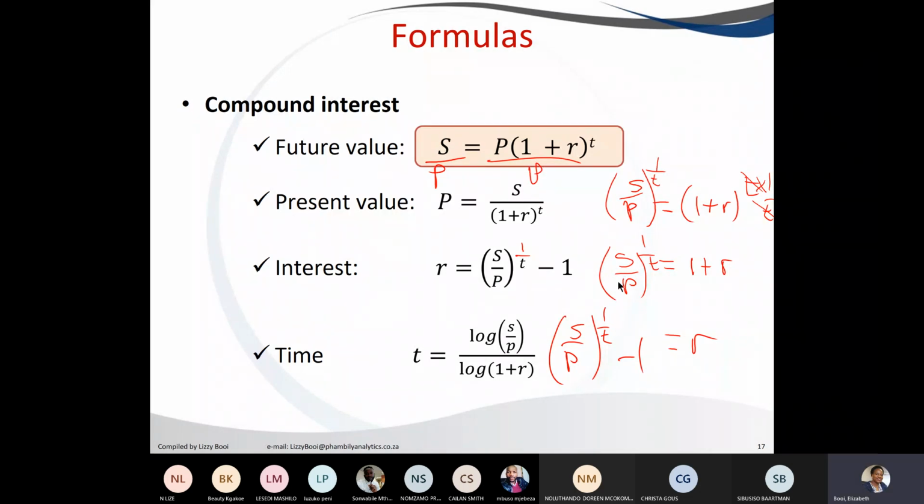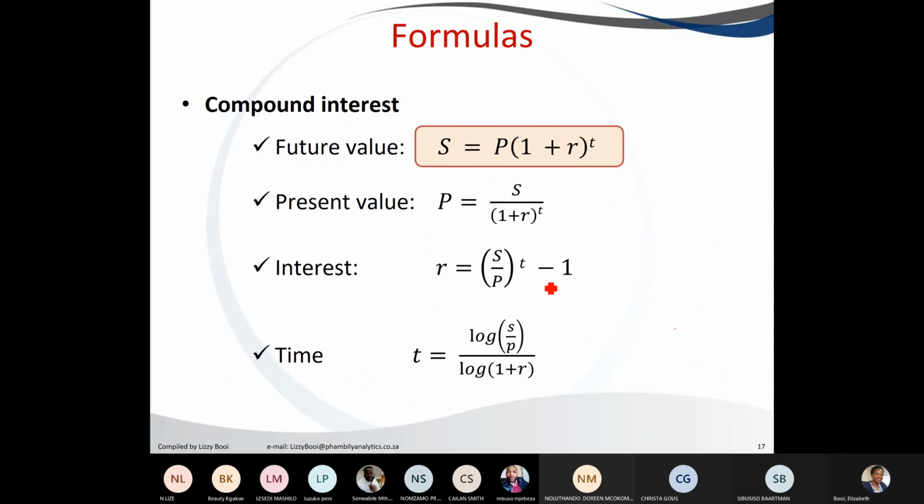Now, the other thing that is also complex is making T the subject of the formula. So it means you need to know how to make use of the logarithm. I'm not going to go through the whole calculation to get T the subject of the formula. I'm going to give you the formula. This is the formula.